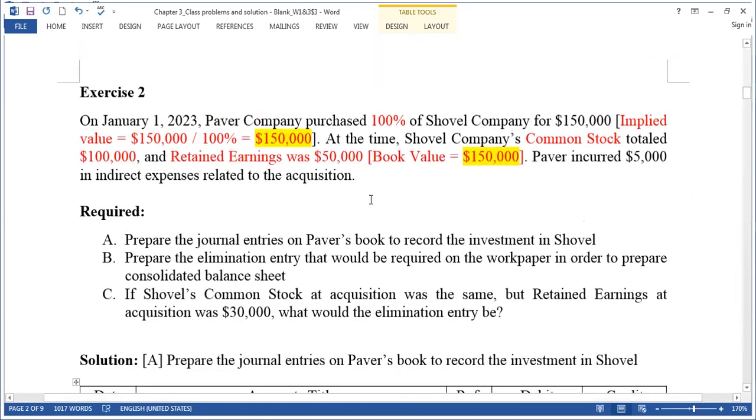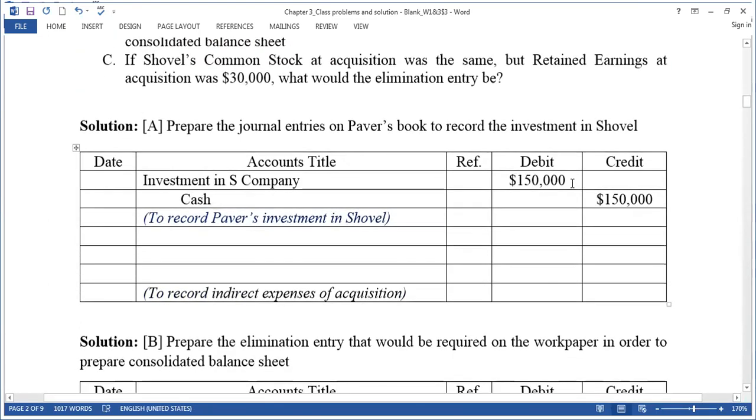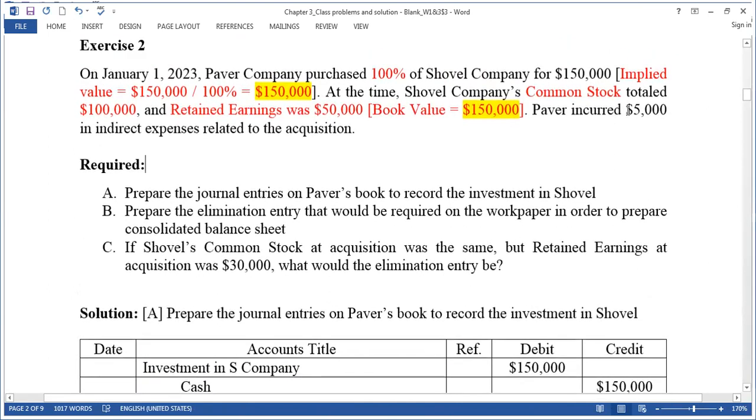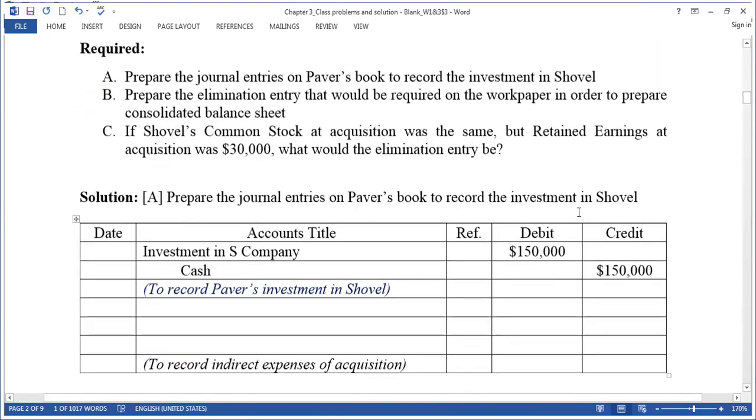But we have another important point here. You can see that Power, that means parent company, incurred $5,000 indirect expense related to the acquisition. We also learned in this chapter that if we have any direct or indirect expense related to the acquisition of stock, we have to record it separately, right? Before, we recorded 150 plus this 5,000, if you remember the previous method. But according to the new rules, we cannot include this $5,000 as a capital investment here.